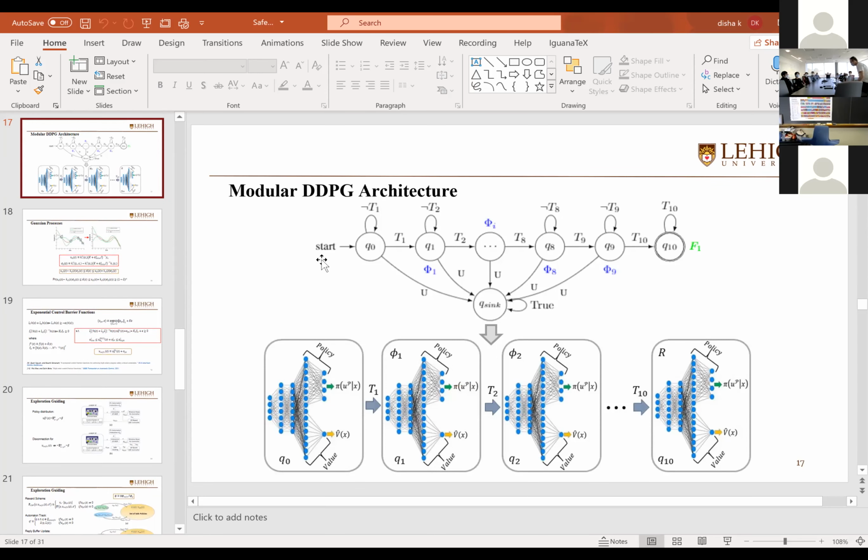For example, this automaton requires the robot to visit A, B, T1, T2, T3. Any time T1 is visited, the automaton state will switch to Q1, and the DDPG architecture will directly select this one here. So it's based on the automaton state. We use the automaton state to track which DDPG we want to use at the current step.